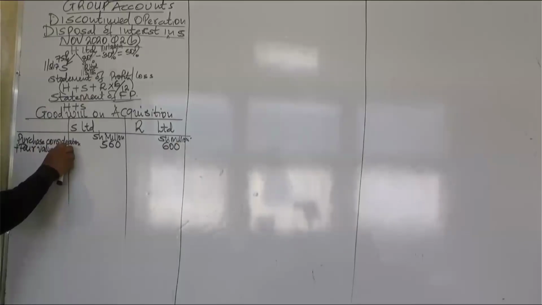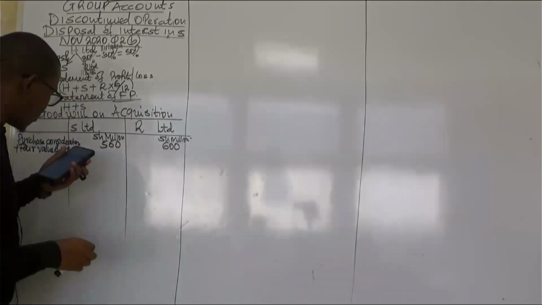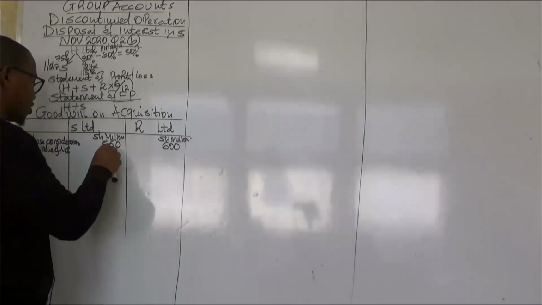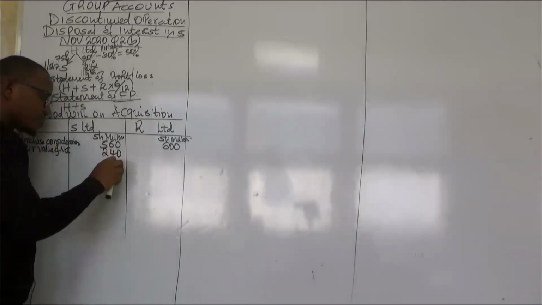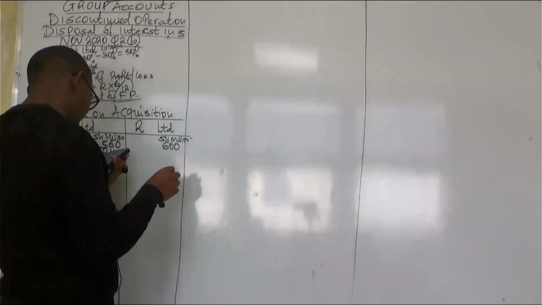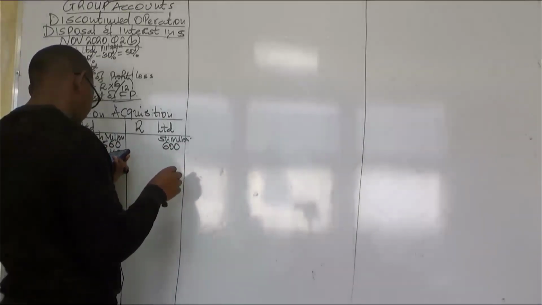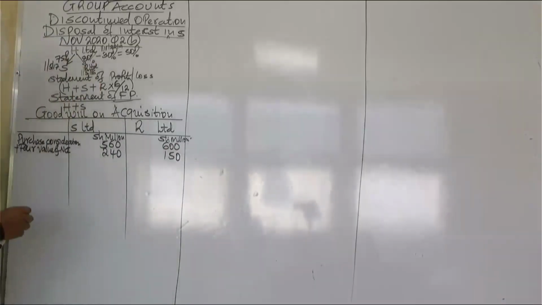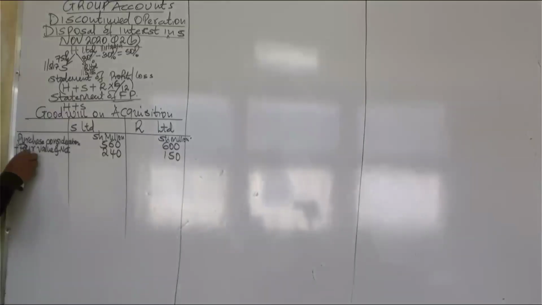Then we add the fair value of non-controlling interest. What was the fair value of non-controlling interest? S Limited was 240. And the other one, on number two, the fair value of NCI was 150. Then from there, I will less the net assets acquired.